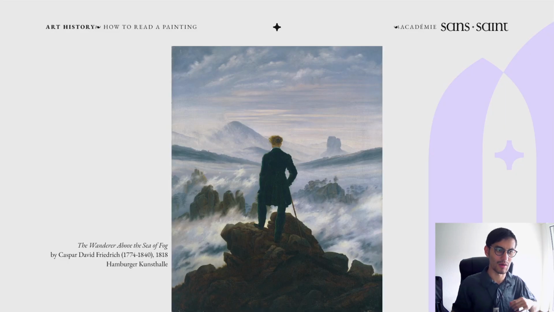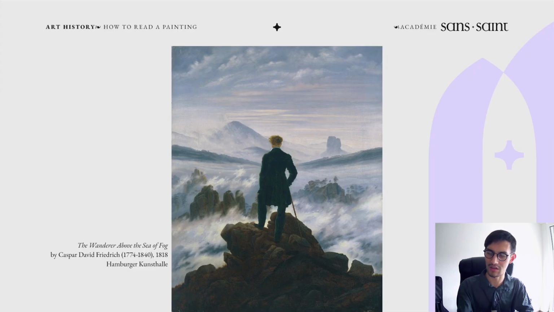And by academic, I mean that Caspar David Friedrich really employs basic academic techniques to produce this really beautiful painting. We have a lot of focus on landscape here. And landscape is really a speciality of Caspar David Friedrich, because he is known to have turned landscape painting into a genre of its own.